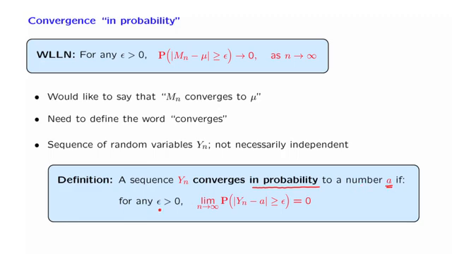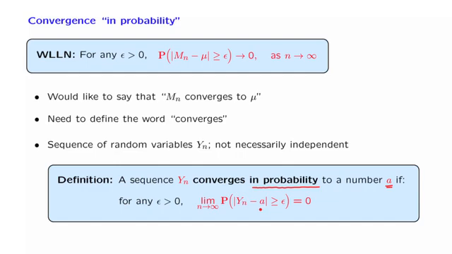No matter what epsilon is, as long as it is a positive number, the probability that the random variable falls far from this number, that is epsilon or further away from that number, converges to zero as n increases. That is, as n increases, there is higher and higher probability that Yn will be close to this particular number a.